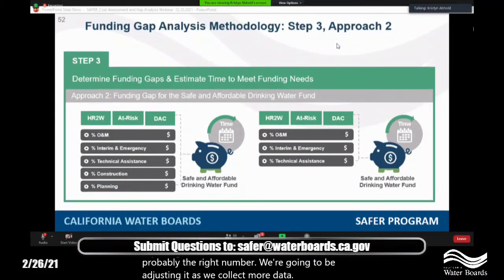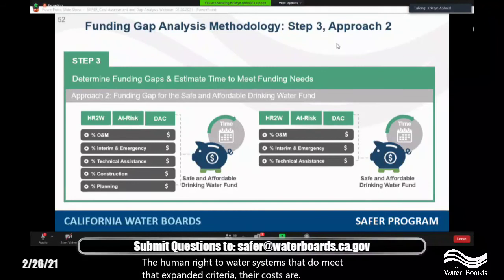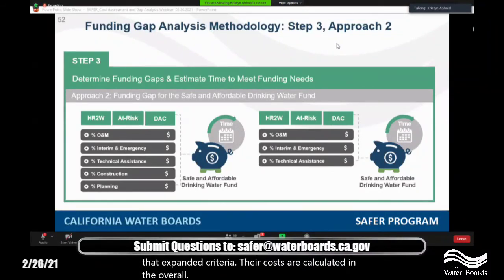But the human right to water systems that do meet that expanded criteria, their costs are calculated in the overall cost assessment and were included. So it will be captured there, and we'll be able to better predict future demand, I think, at least after 1 year of collecting this data. So Emily, I hope that answers your question.